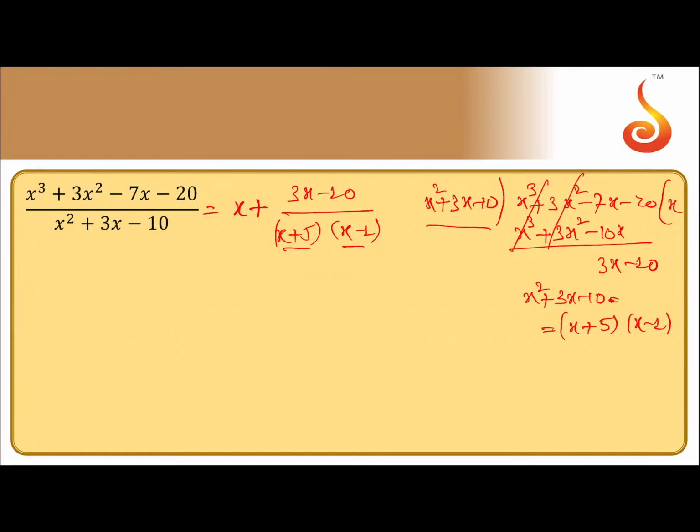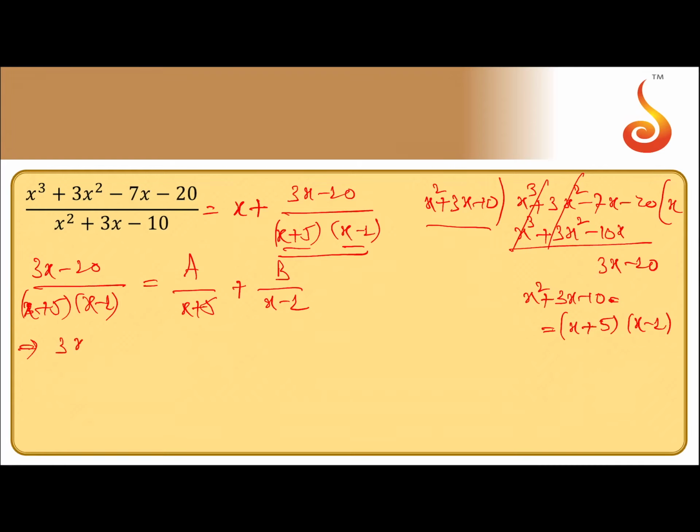We can find the partial fraction for 3x minus 20 divided by x plus 5 multiplied by x minus 2 in the general way as A by x plus 5 plus B divided by x minus 2. Take an LCM, equating the numerator: 3x minus 20 equals A into x minus 2 plus B multiplied by x plus 5.